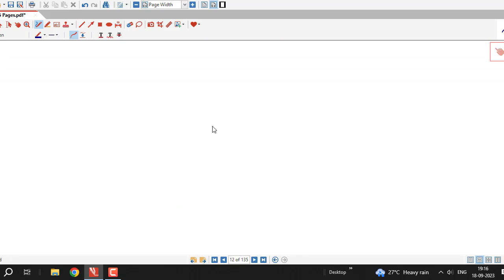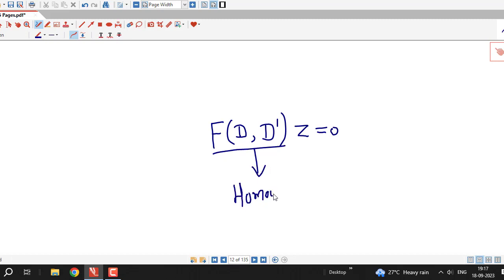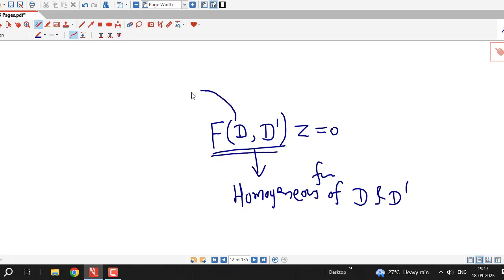So remember this method, what we have discussed. We have discussed homogeneous linear partial differential equations with constant coefficients, in which this capital F is also a homogeneous function of D and D dash. So in that case, first we have to write down the auxiliary equation.